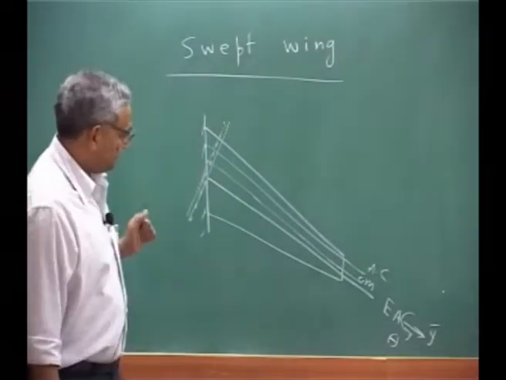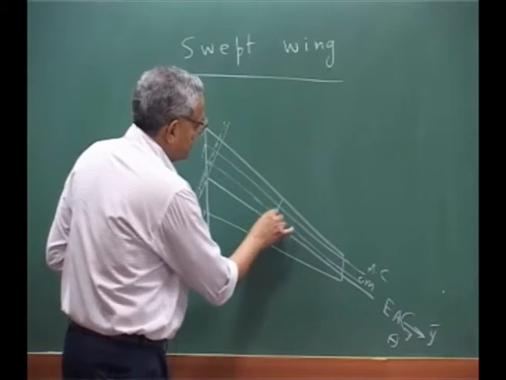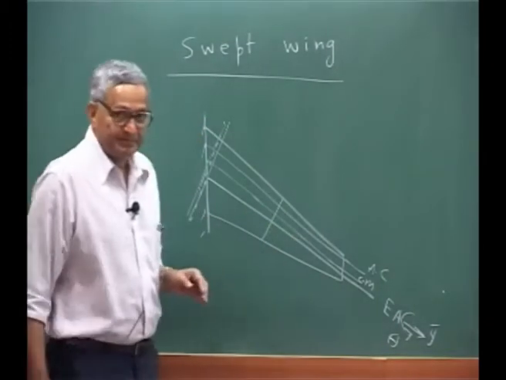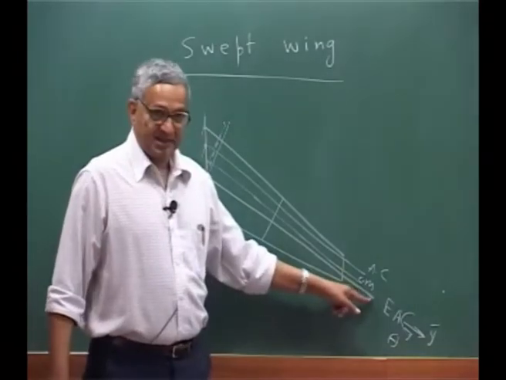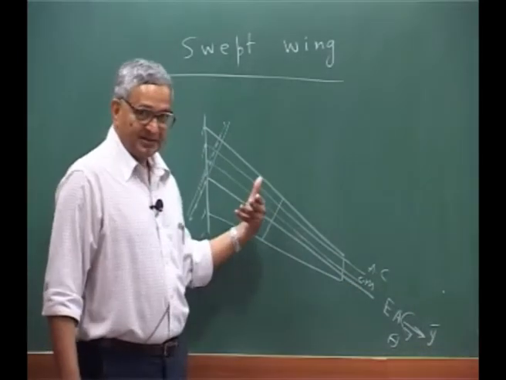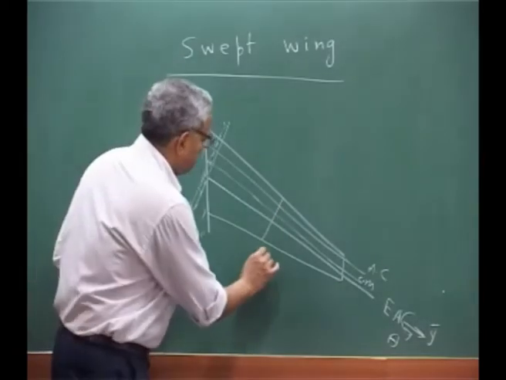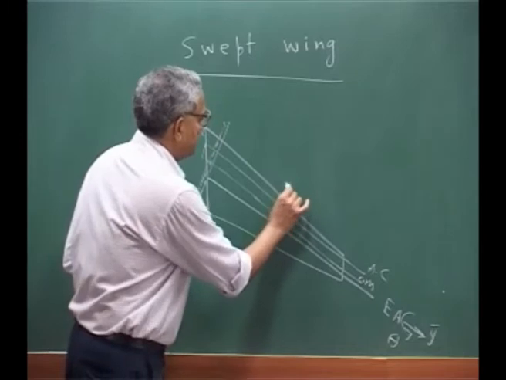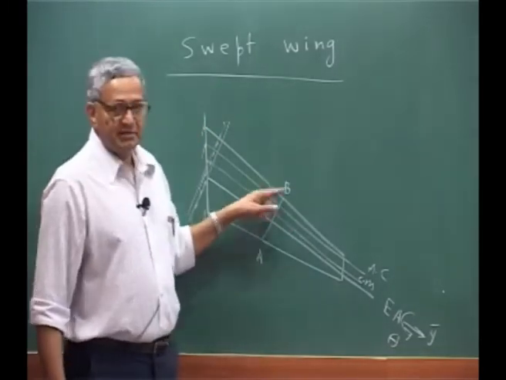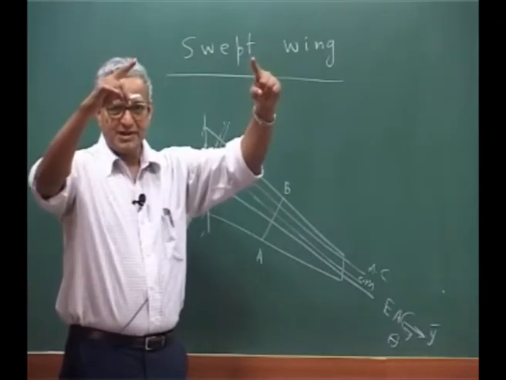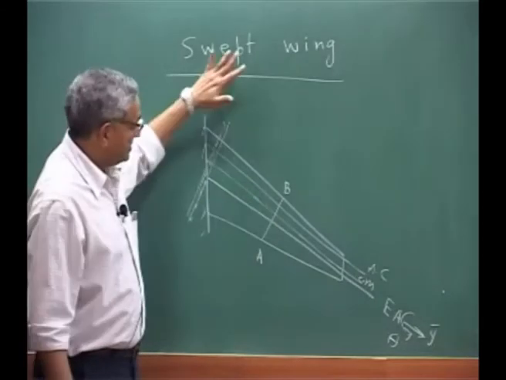Why? Because here, if I take any section which is perpendicular to the elastic axis, this is my bending. Assume that it is only pure bending. So you will have A, B. If it is just bending, you will find A and B will have the same displacement in the plane normal to the board.